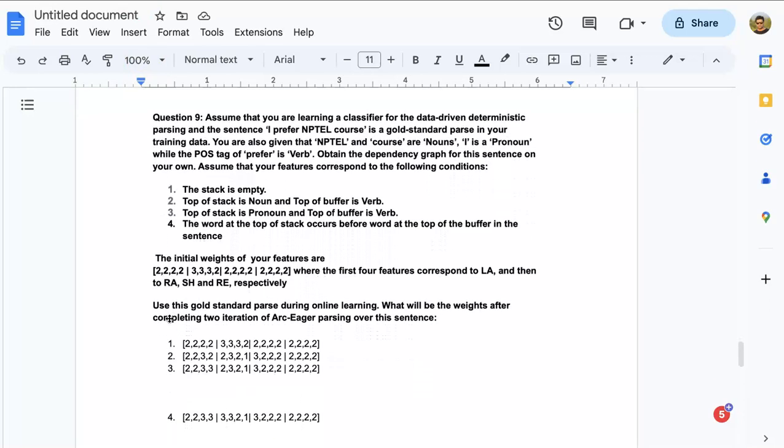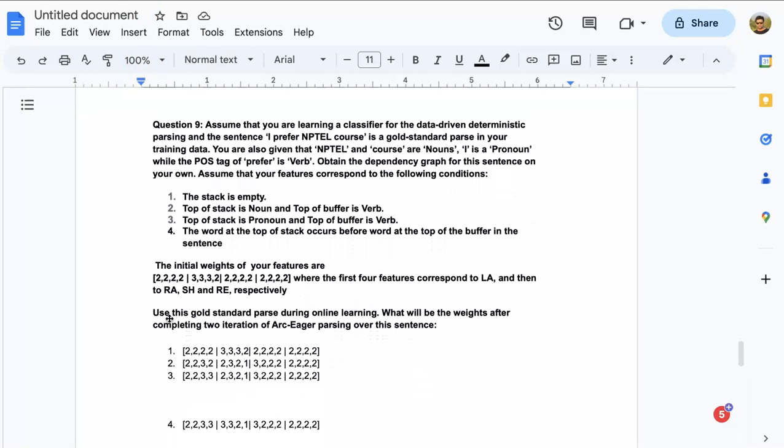So the question is related to data-driven deterministic parsing. In this question, you already have the sentence "I prefer NPTEL course" with a gold standard parse in your training data, and all the POS tags are given.